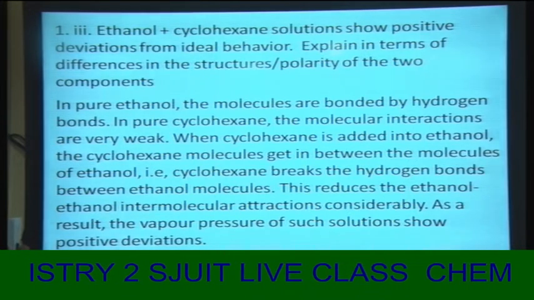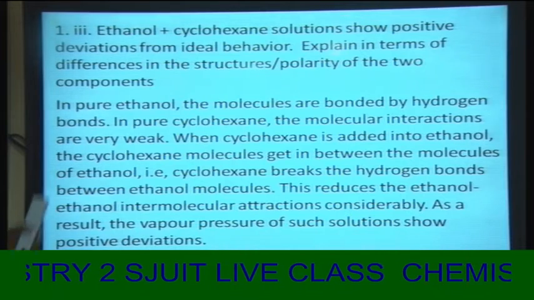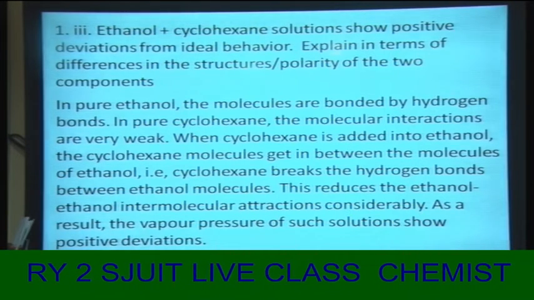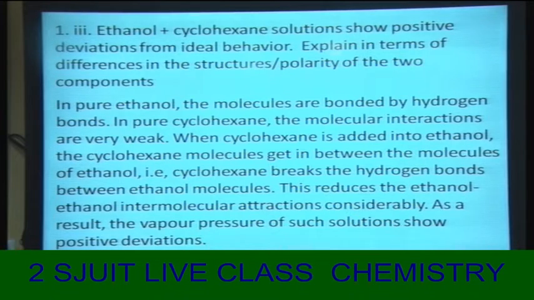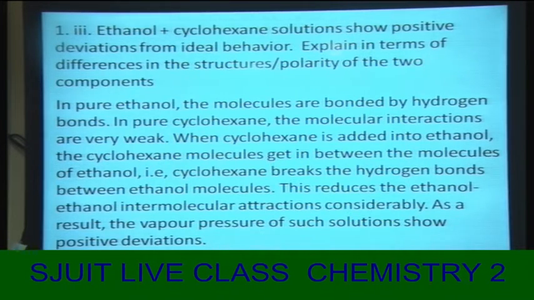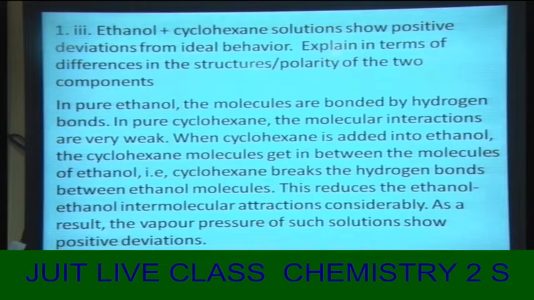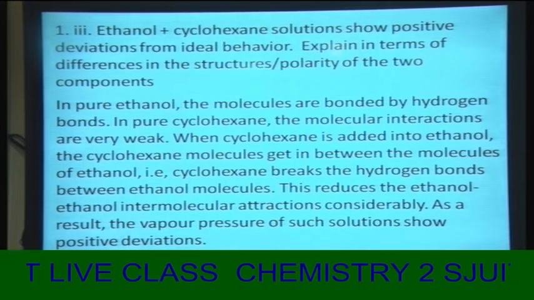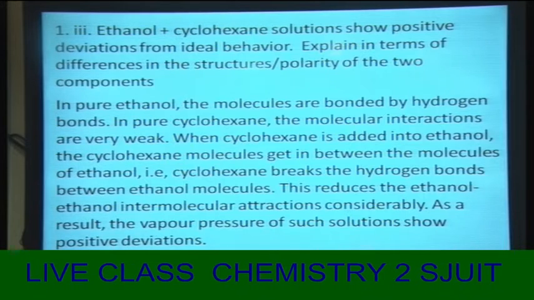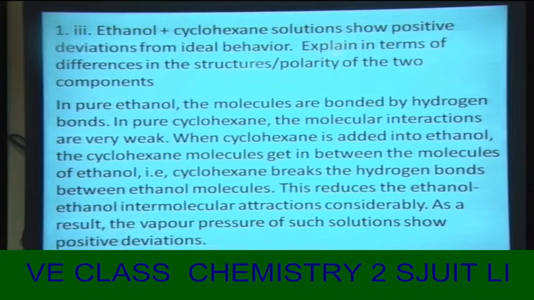Part A, and we are in Roman 3. Ethanol and cyclohexane solution show positive deviation from ideal behavior. Explain in terms of differences in the structure or polarity of the two components.